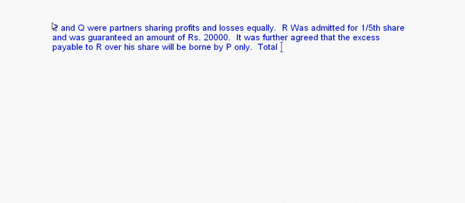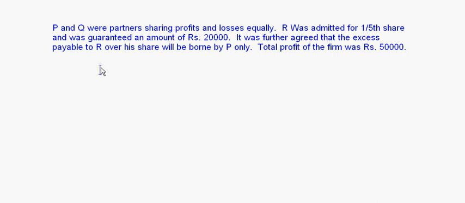And here we are given total profit of the firm was rupees 50,000. Everything is the same, the figures I have kept the same as in the previous question. The share is also the same. The only change I have made here is it was further agreed that the excess payable to R over his share will be borne by P only.